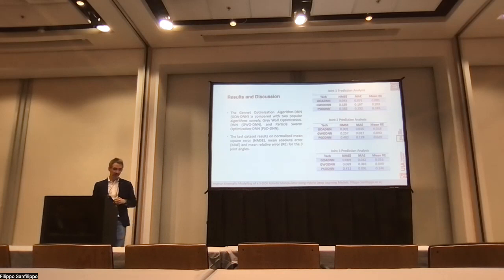We have the normalized mean square error, the MAE, and the mean relative error function. As you can see, the table is split into three joints because we are considering a robotic arm with three joints. So we have joint 1, joint 2, and joint 3. And for each of these, we see some advantage in using the Garnet optimization algorithm under our hypothesis.